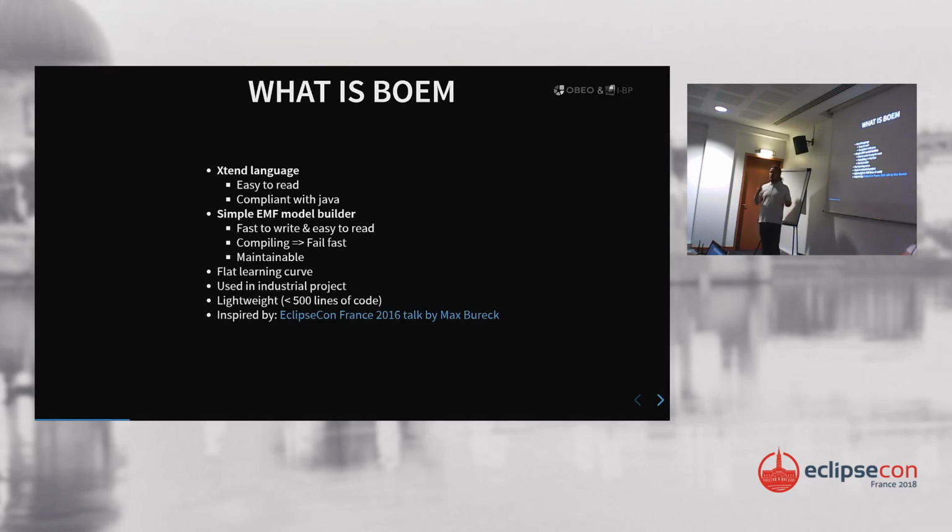We built an editor for EMF models, which allows us to represent those EMF models in a JSON-like syntax, which allows us to write them quite fast and quite easily, and they look a lot like the tree-based editor everybody knows from EMF.